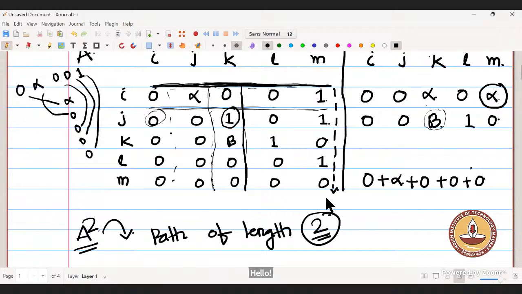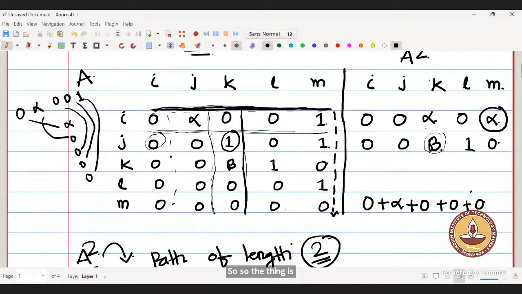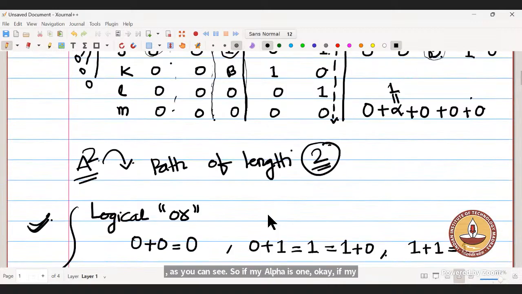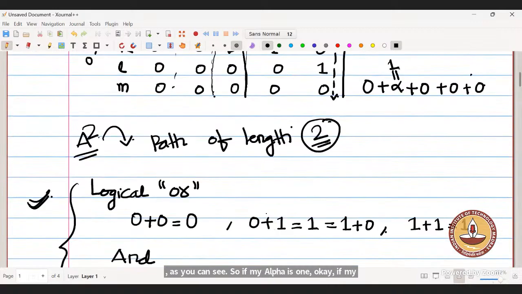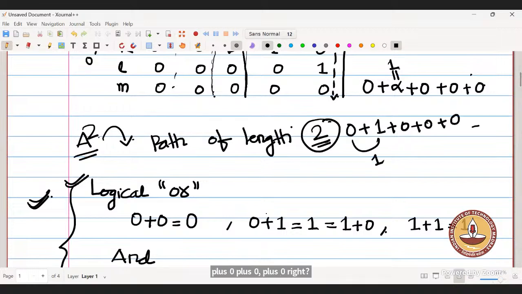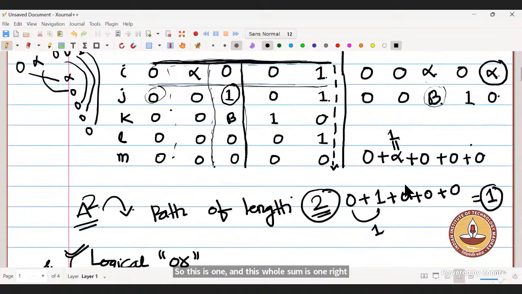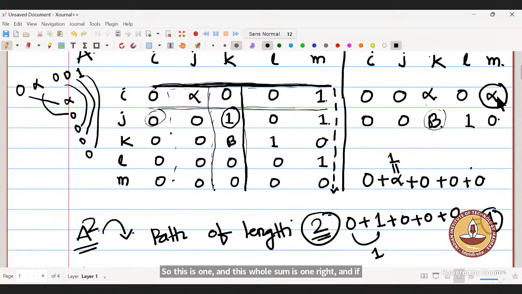So the thing is, as you can see, if my alpha is 1, then I will get alpha, right? Because of this logical OR, because 0 plus 1 plus 0 plus 0 plus 0, so this is 1 and this whole sum is 1, right? And if my alpha is 0, still I will get 0, right?